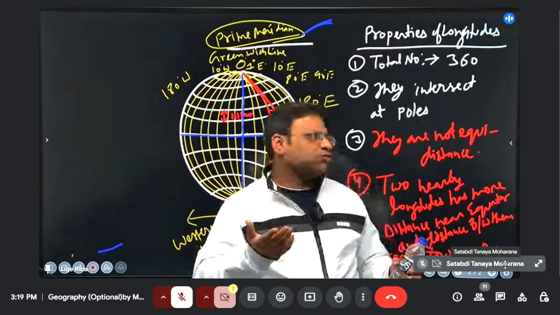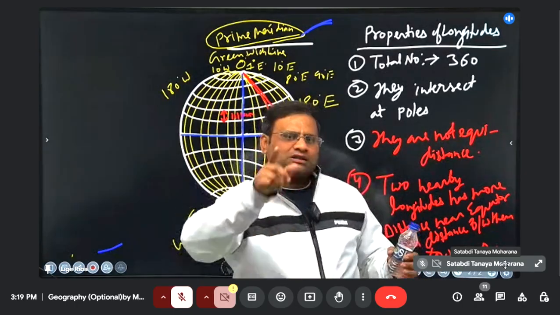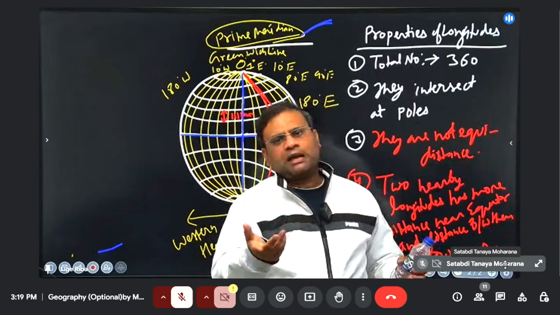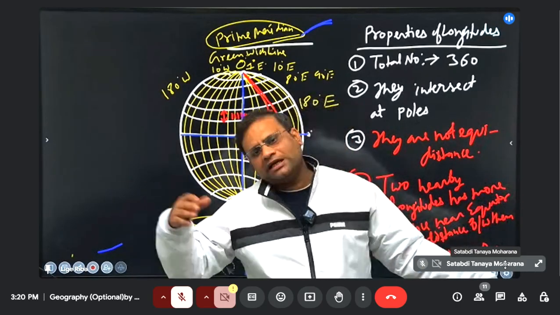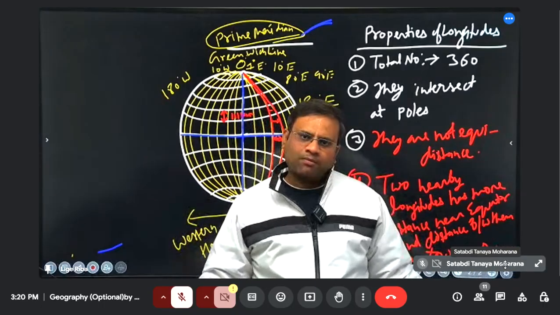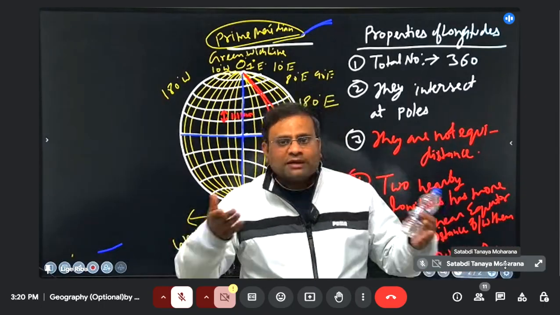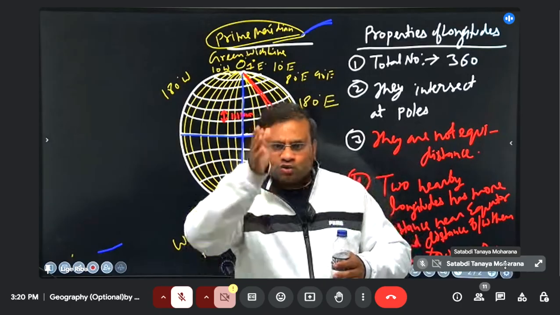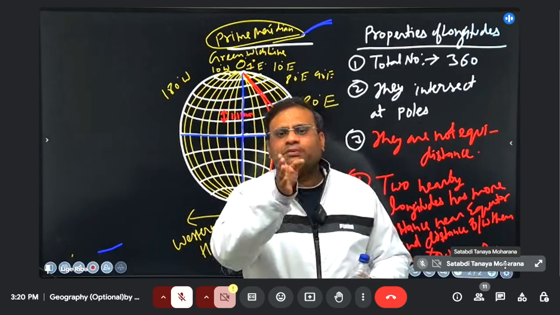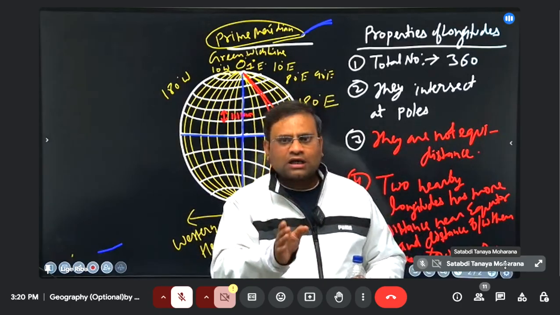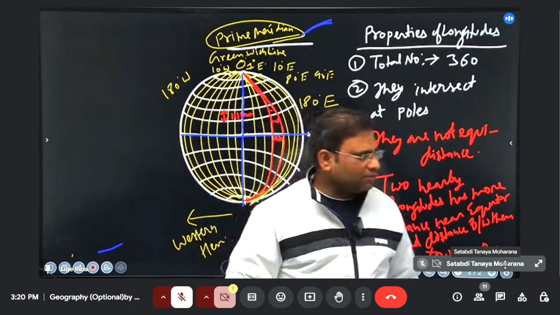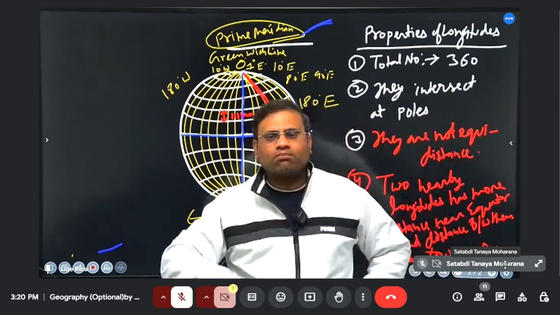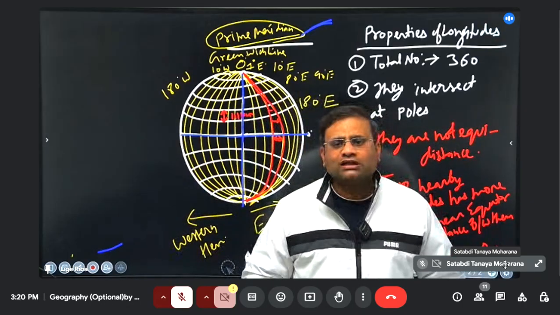Like one longitude is passing through Delhi. Take that as a prime meridian, and toward the left-hand side of it, say that is the eastern hemisphere, right-hand side of it, the western hemisphere. So that will become 0 degree now. With respect to that plane from Delhi, you start measuring other longitudes. Similarly, a longitude is passing through Kolkata.